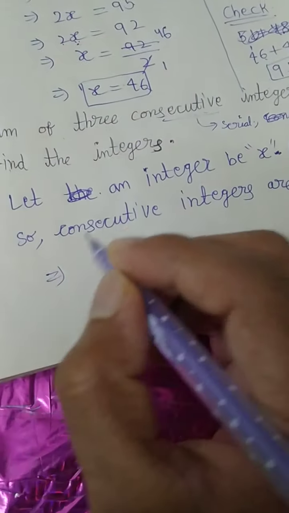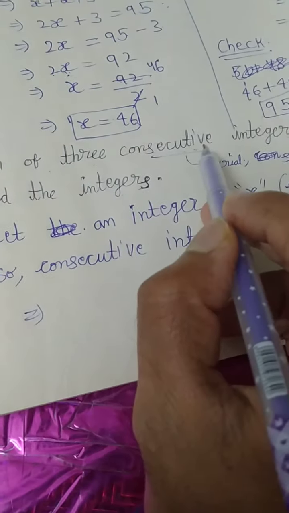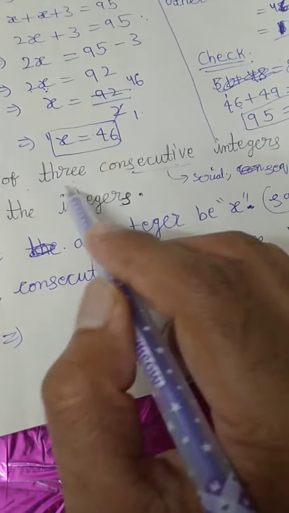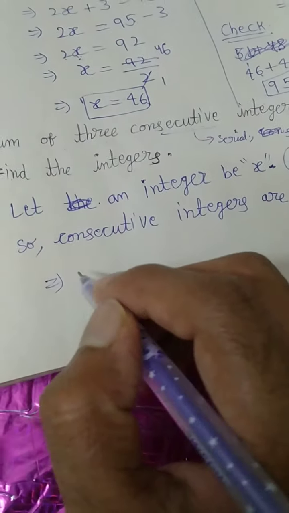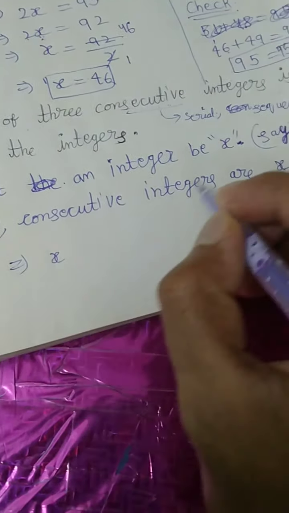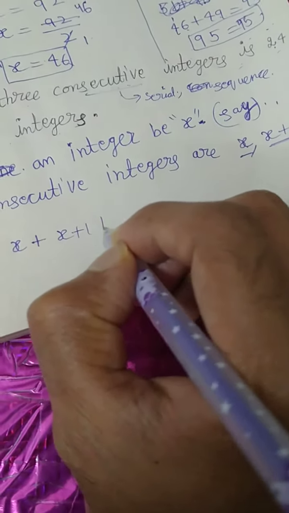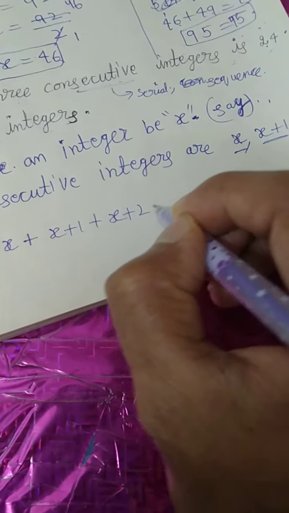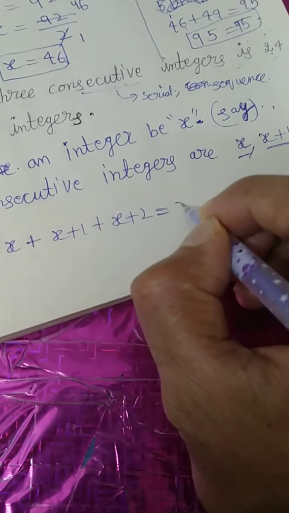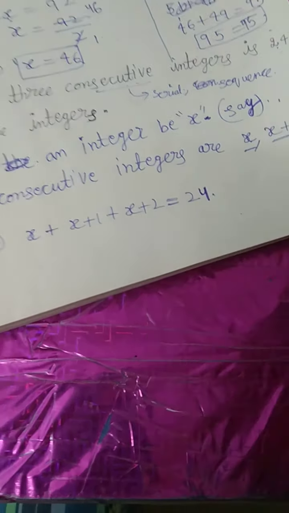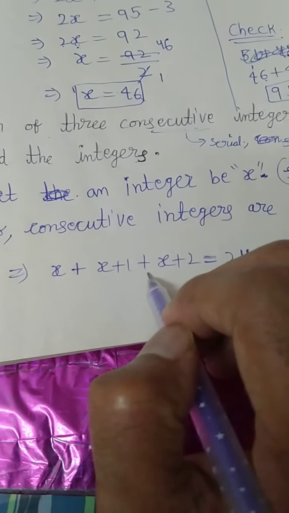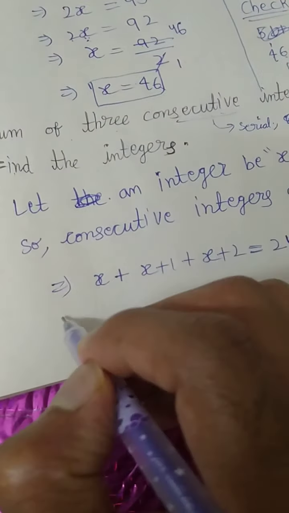We should make this condition into an equation. Adding all these three terms: x plus x plus 1 plus x plus 2 will give 24.